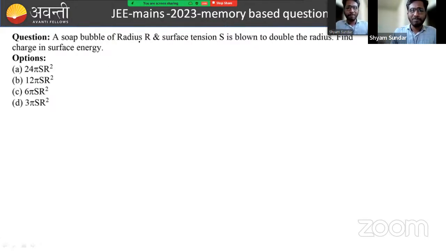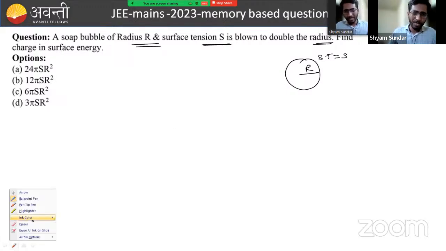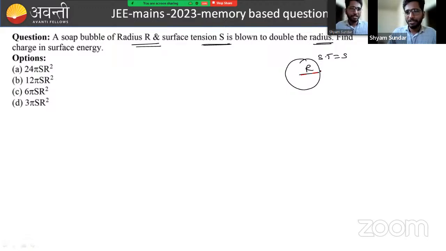A soap bubble of radius r and surface tension s. This is a soap bubble whose radius is r and surface tension is s. It is blown to double the radius. Now I am blowing it, and it is increasing its radius to twice its initial value.